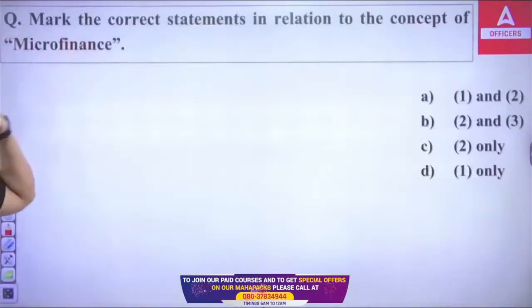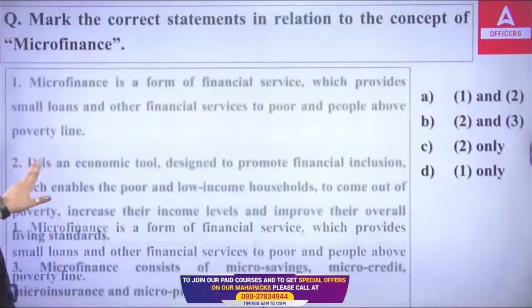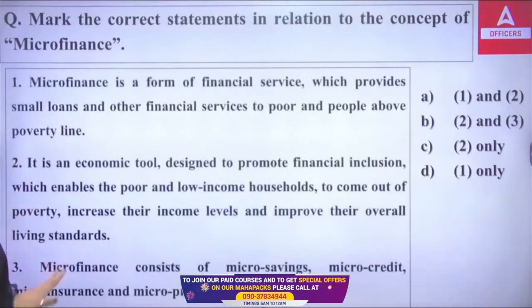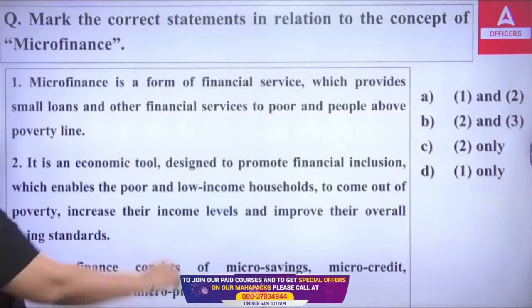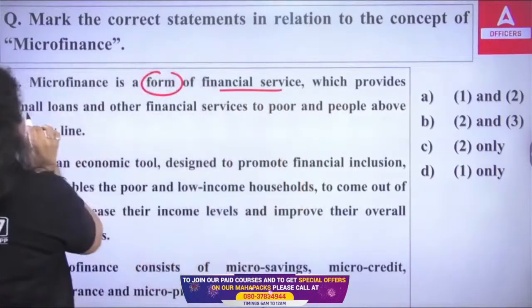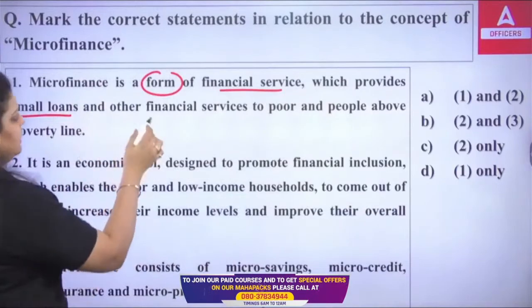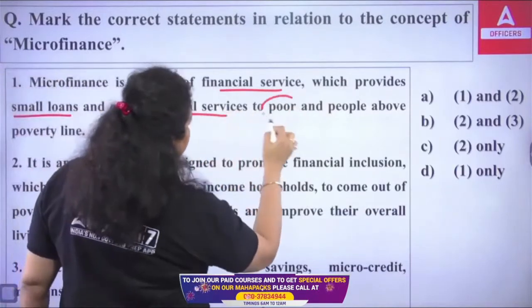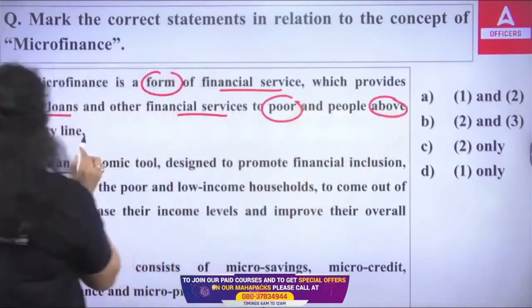Now, mark the correct statement in relation to the concept of microfinance. In relation to the concept of microfinance, which of the following is the correct statement? We have three statements in front of us. First says microfinance is a form of financial services which provides small loans and other financial services to the poor and the people above the poverty line.